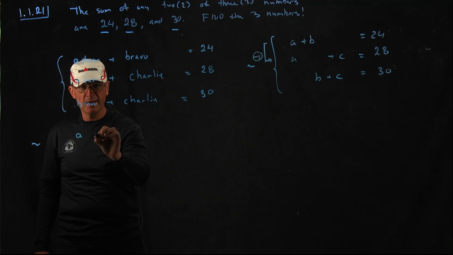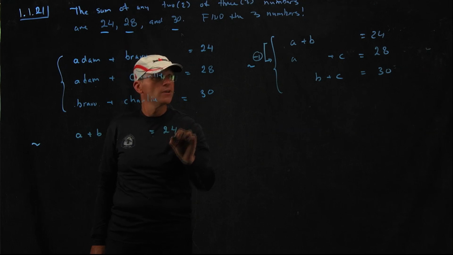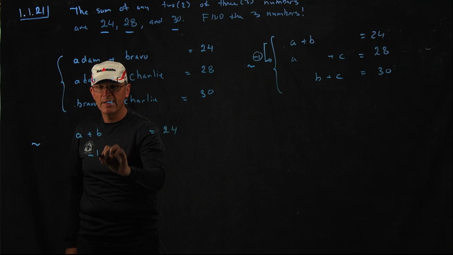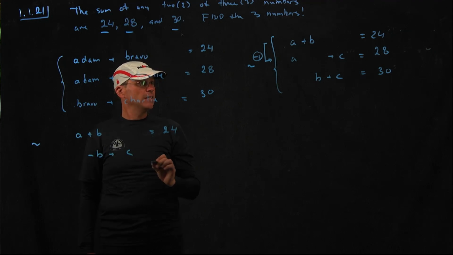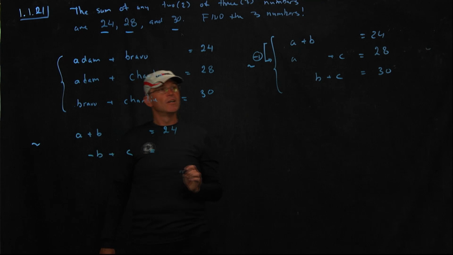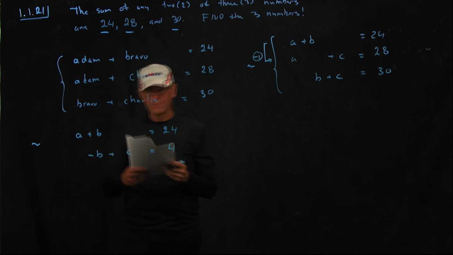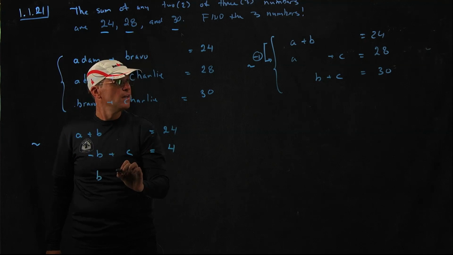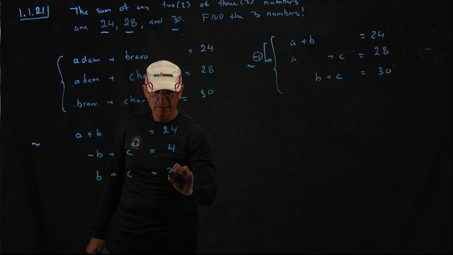So we have A plus B equals 24. The A goes away, we're subtracting a B, so we have negative B plus C, and we have 28 minus 24, which is 4. And we have not yet touched the second equation. So we have B plus C equals 30.